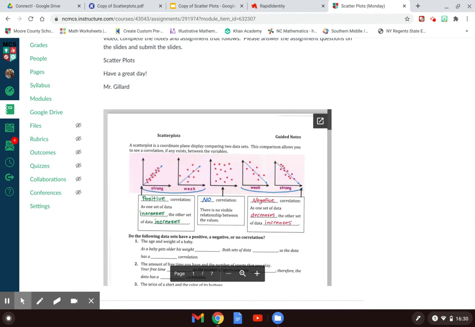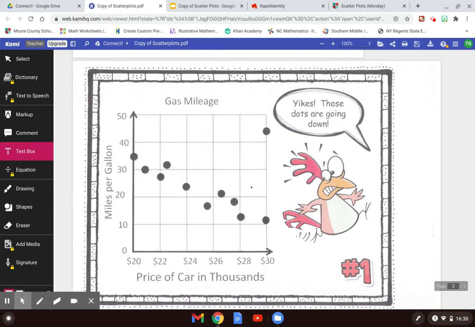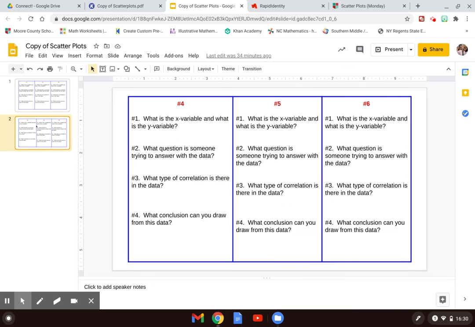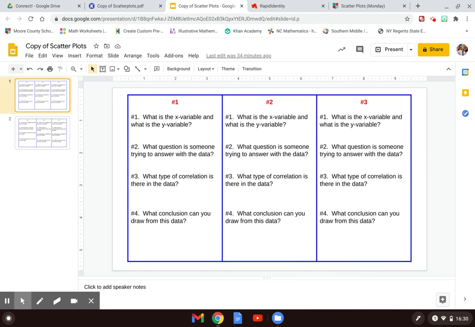There's no need to make a copy and share it with me. Just submit and everything will be okay. You're going to look at the scatter plot, and then in the PowerPoint or the Google Slides, there's 1, 2, and 3, and the next slide's going to have 4, 5, and 6. There are 4 questions to answer on each of them, and it's the same 4 questions.